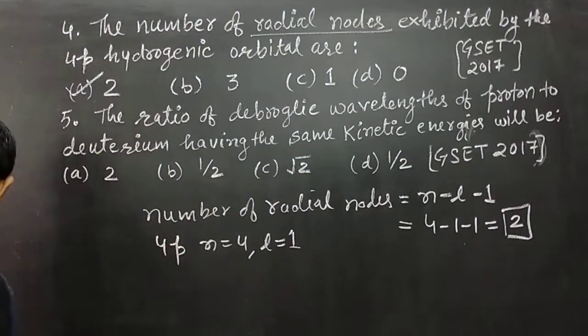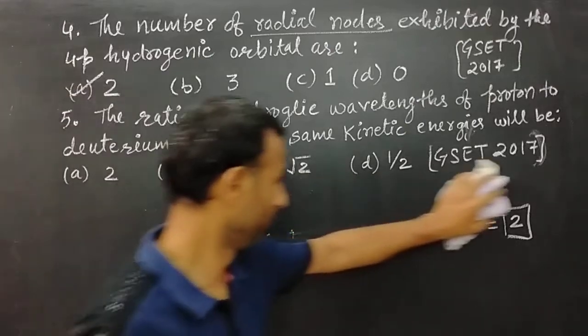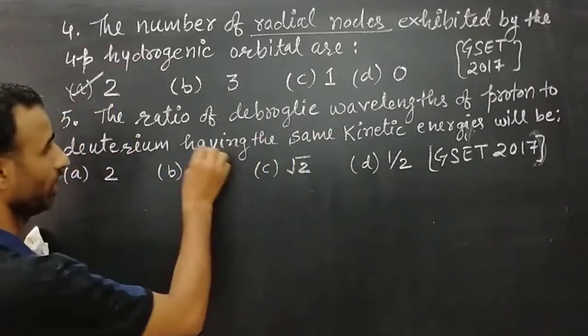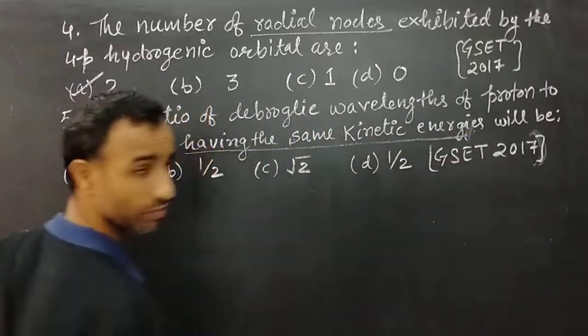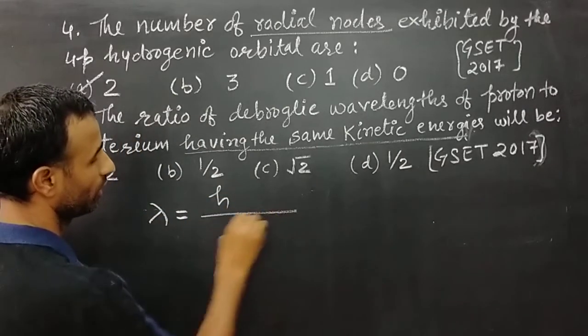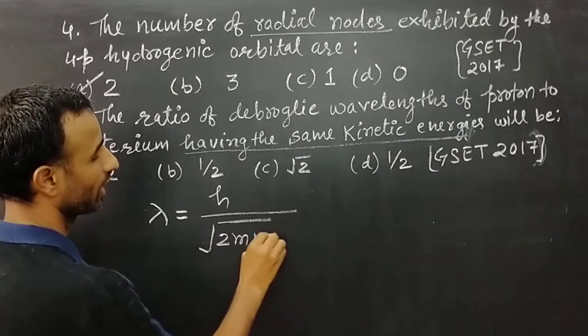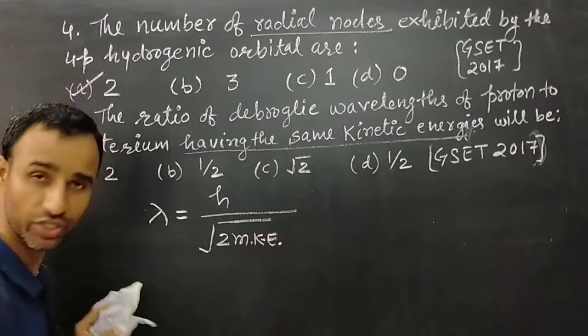The ratio of the de Broglie wavelength of proton to deuterium, having same kinetic energies. So you know, what is the relation? Lambda equal to h upon square root of 2m into kinetic energy. This is the relation.